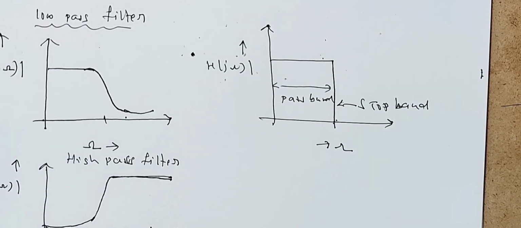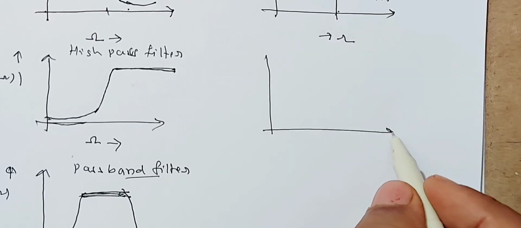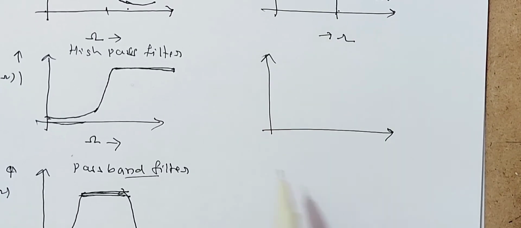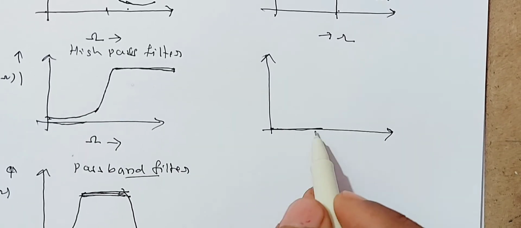Ideal filter is not possible in practice, but theoretically we say that the filter should allow the output voltage for the given input frequency, then it should stop after some frequency. Similarly, the expected behavior, that is the ideal filter for high pass, is that there should not be any output for low frequency.